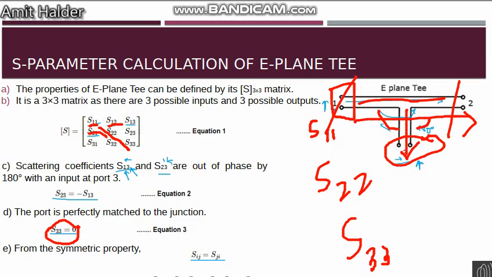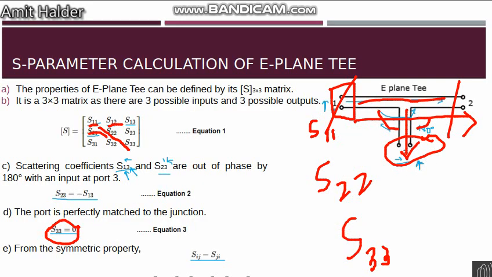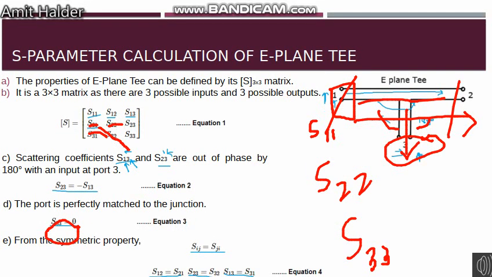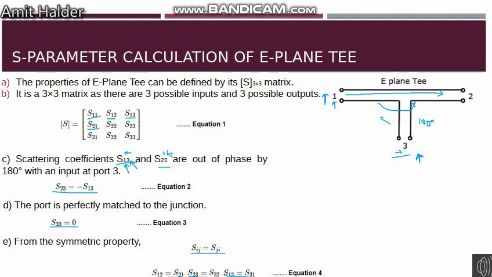From the symmetry property, we can say some of the properties. Just look at equation number 4, that is Sij equals Sji. What does it mean? S12 and S21, S32 and S23, S13 and S31 are the same.